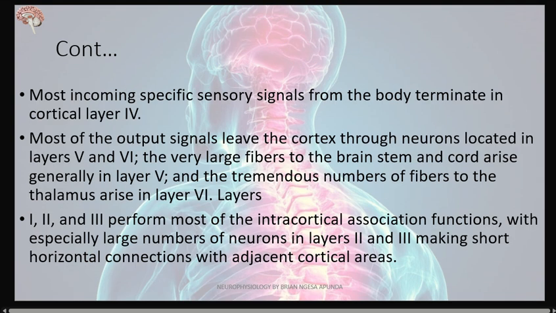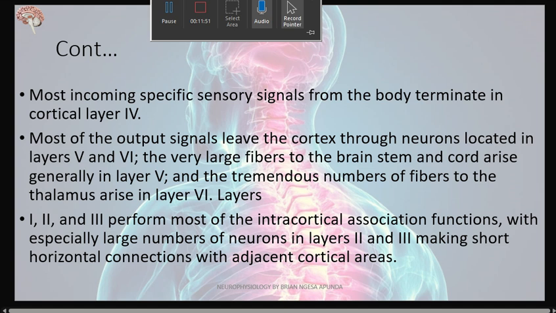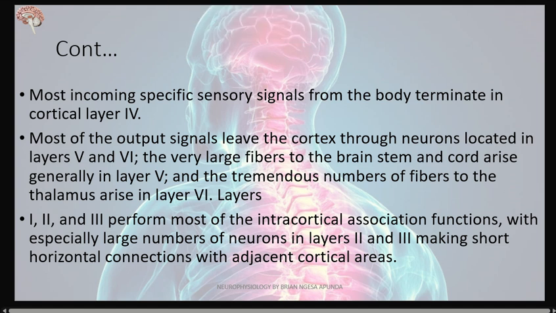The most incoming specific sensory signals from the body normally terminate at layer 6, where you expect to have some fusiform. Not fusiform, but rather some granular cells that we expected in layer 4, the internal granular.